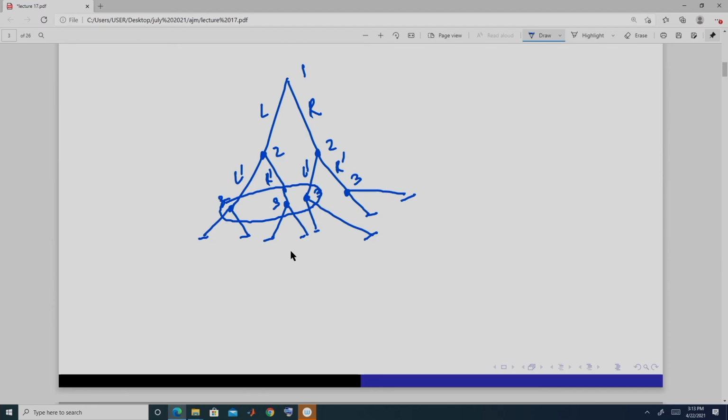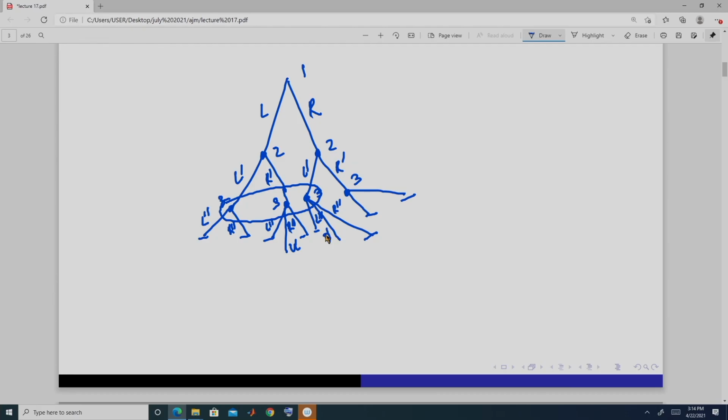Here, player 3 does not know which node it is in, but suppose we have a situation where it has L double dash, R double dash, L double dash, R double dash, L double dash, R double dash, but it has one more action, suppose U dash, and this node has one more action, suppose D dash.